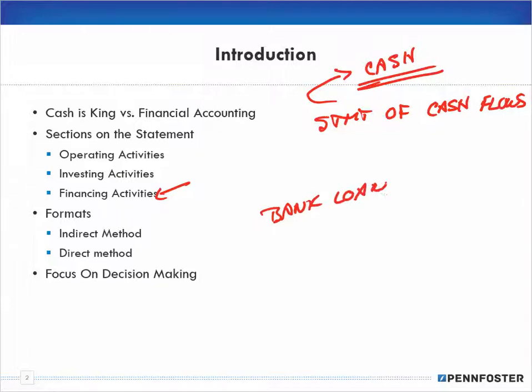Maybe you're getting a loan for construction on an addition to the business. Those adjustments are made in the financing activities section. So as a general overall basis, the majority of your transactions are going to happen in the operating activity section.